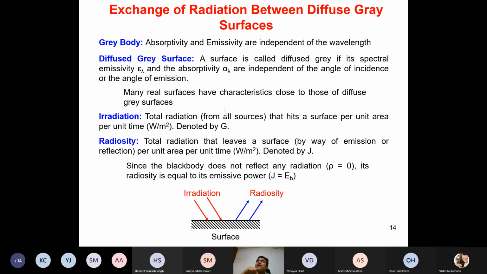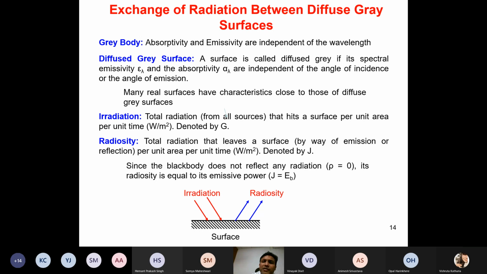Whatever radiation falls on the surface, the emissions from the surface take place in all directions. They are not emitted in one direction, and that is why we call it a diffused spectral emissivity. Similarly, the absorptivity is independent of the angle of incidence.